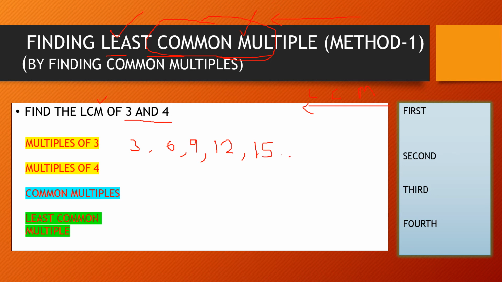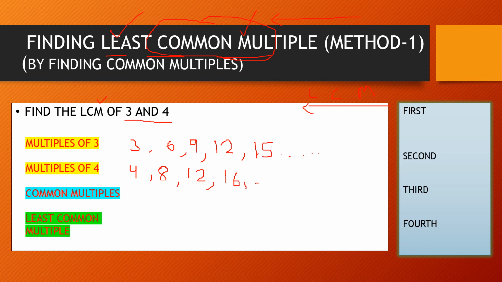So I'll write the dots here. And let us write the multiples of 4. So 4, the second multiple will be 8, and then the third one is 12. After that 16.